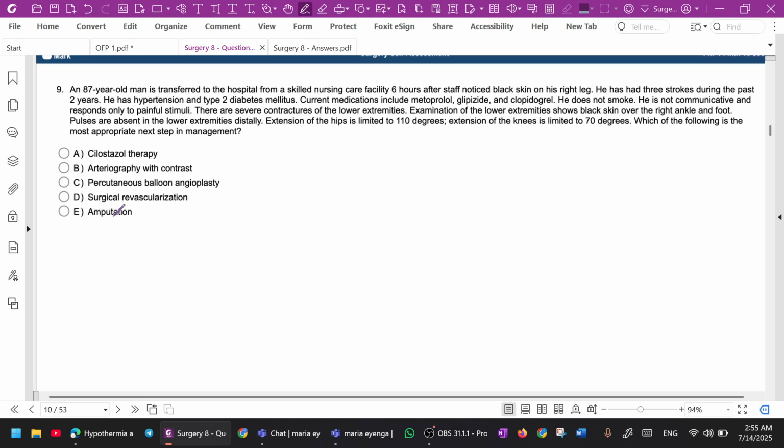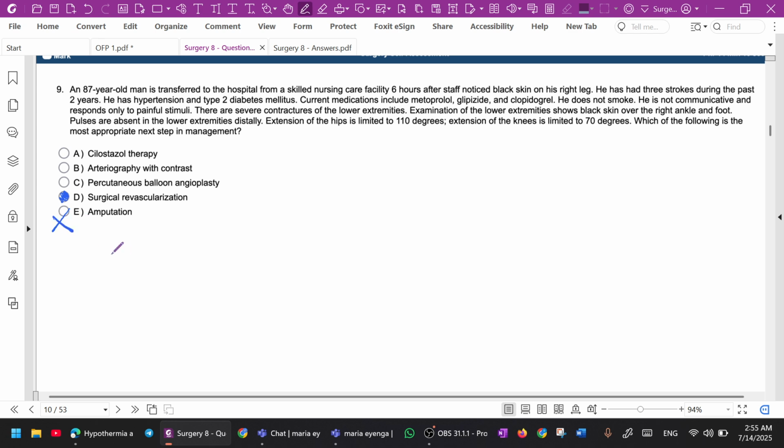Wait. No. Okay. So it's amputation, damn it.